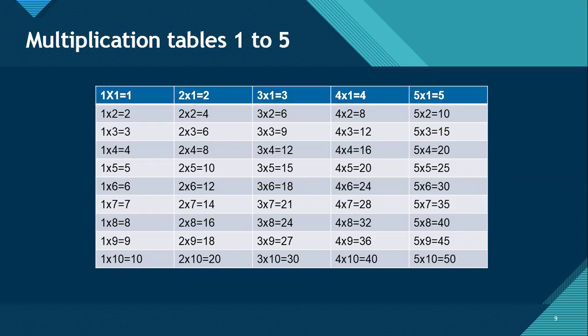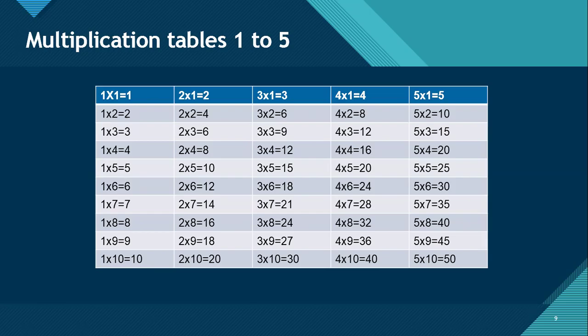Okay. Similarly, we have the table of 5. That will be 5 ones are 5, 5 twos are 10, 5 threes are 15, 5 fours are 20, 5 fives are 25, 5 sixes are 30, 5 sevens are 35, 5 eights are 40, 5 nines are 45, 5 tens are 50.